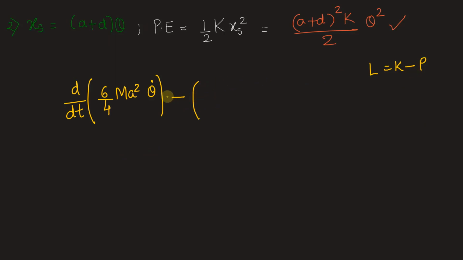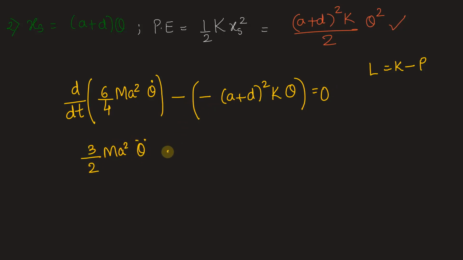So here we have a negative sign in the equation of motion. We also have a negative sign from Lagrangian itself. So it is minus, theta square derivative is 2 theta, and with the coefficient we get a plus d whole square into k theta is equal to 0. Solving this further, we get 3 by 2 m a square theta double dot, minus minus becomes plus, a plus d whole square k theta equal to 0.